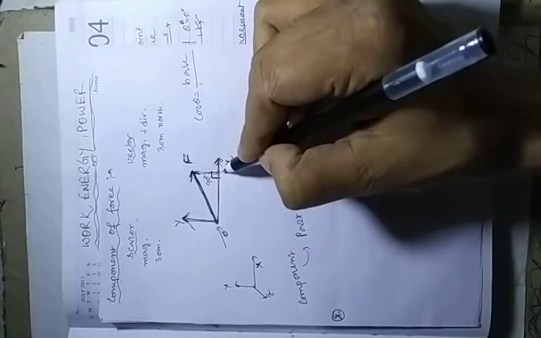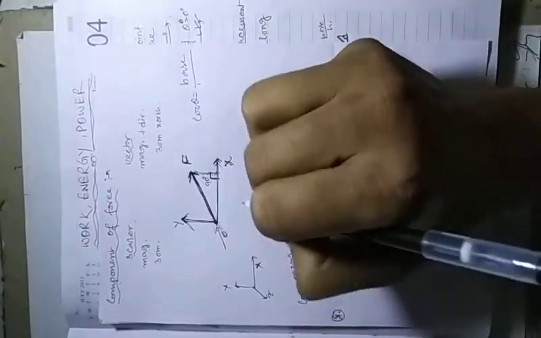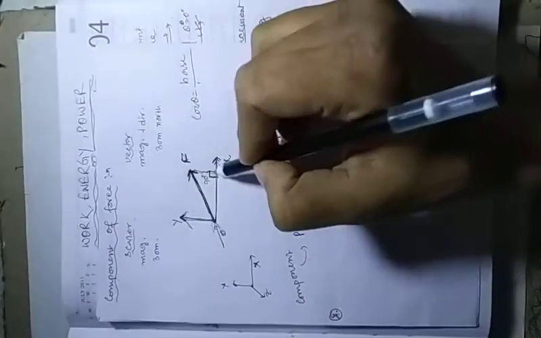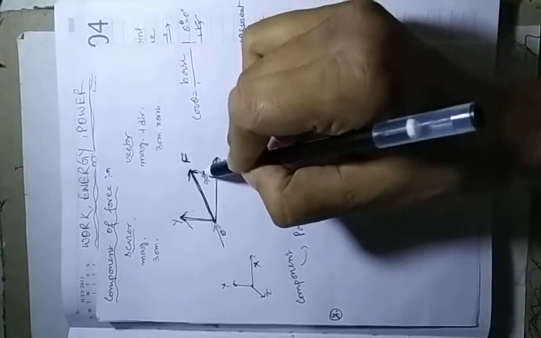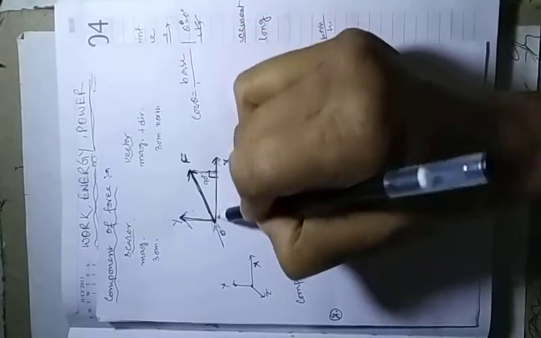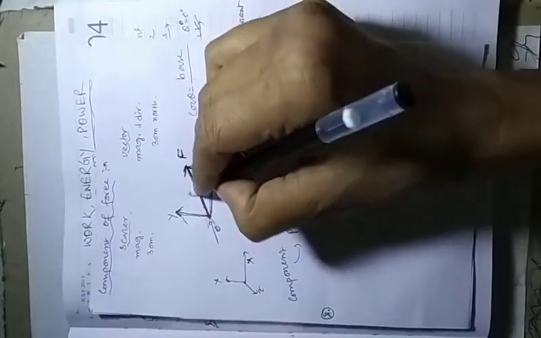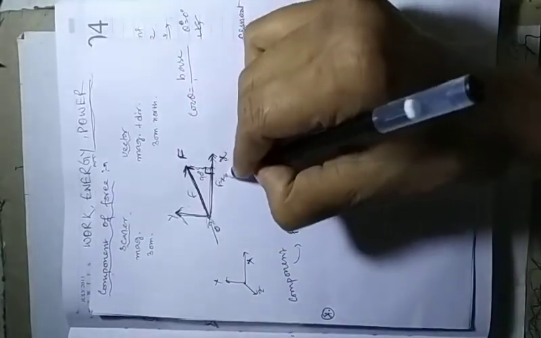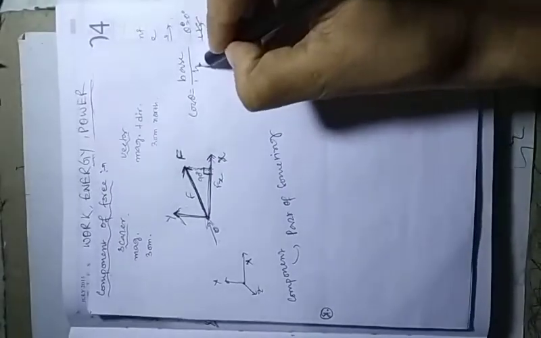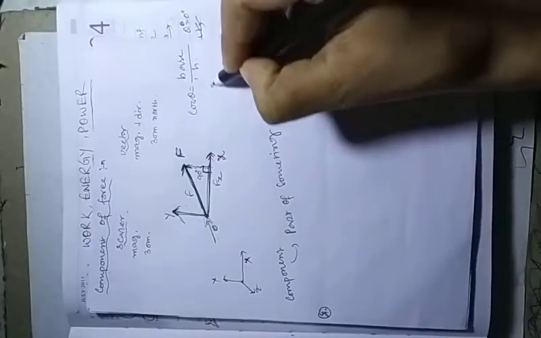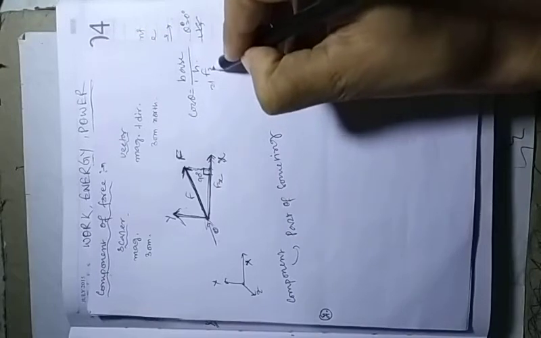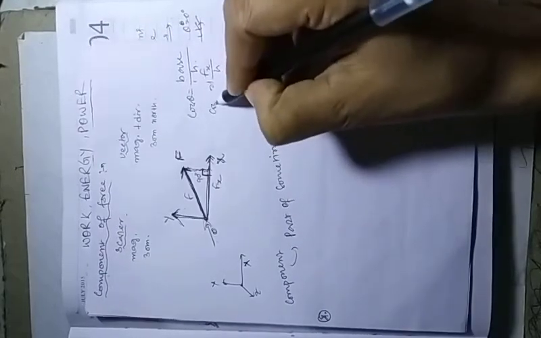In this right angle triangle, if this is the force applied in this direction, this is the base, this is the hypotenuse. Suppose this is F and we consider this as Fx, then base by hypotenuse means Fx by H. So cos theta is equal to Fx by H.